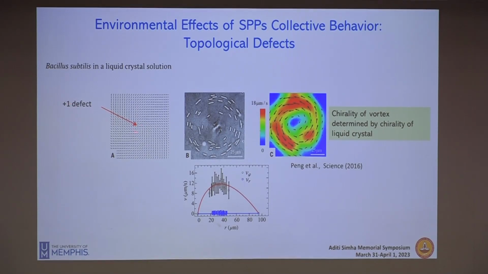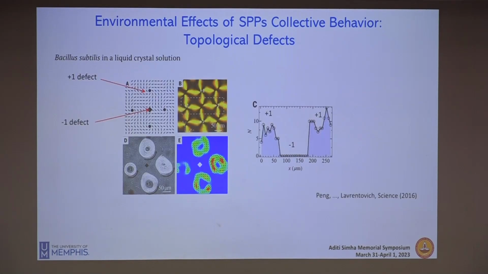In this case, we have a +1 defect, which looks like an attractor with the set circling around the +1. Of course, there are two types of +1 defects, and that implies that there are two types of chiralities of this vortical motion.